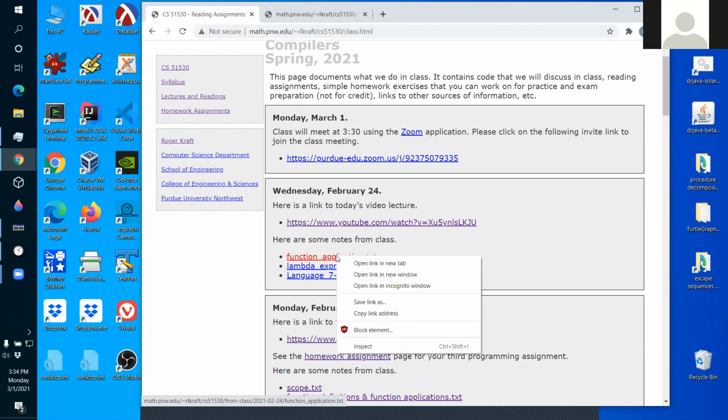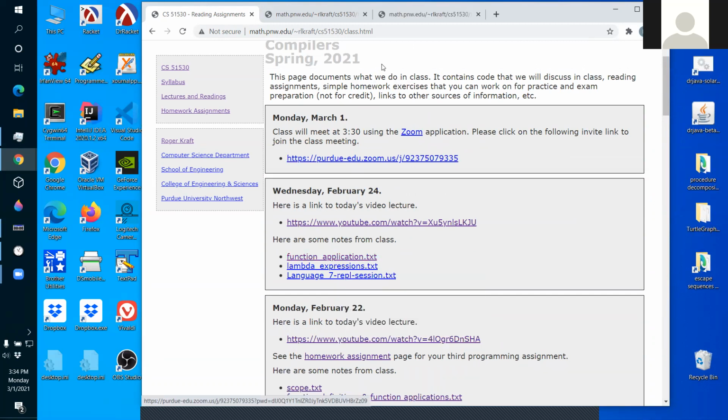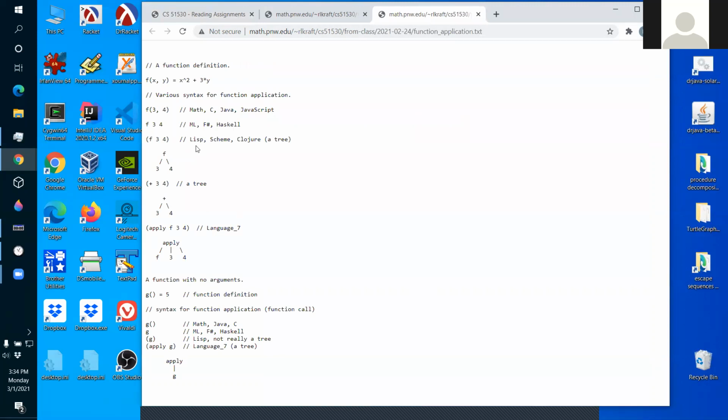Last time we talked about, again, function definition, function call. Last week we mostly emphasized the syntax for function definition and function call.